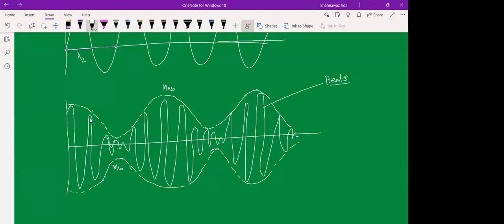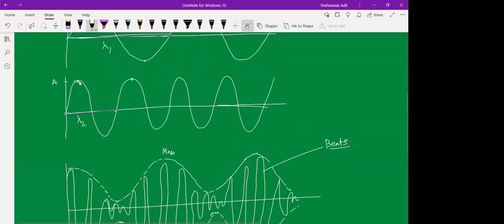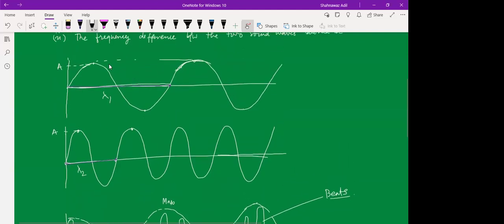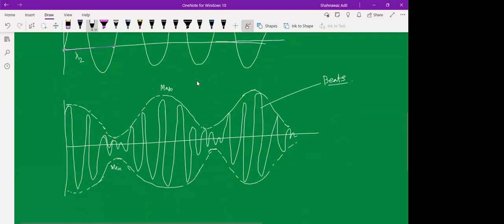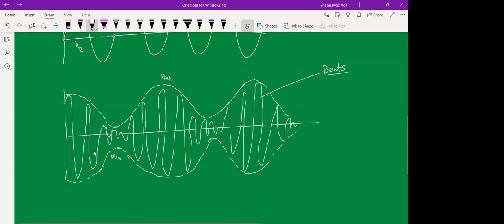You can see that the amplitude is changing. For each individual wave the amplitude is fixed, but for the resultant the amplitude is large, then decreasing, and then increasing. This is how the beats vary.